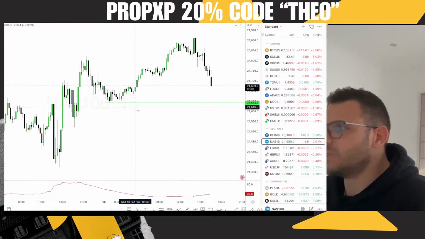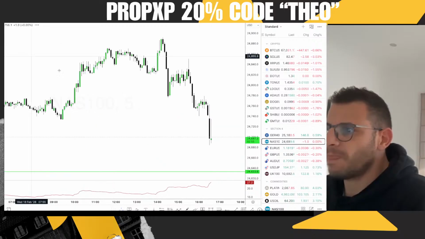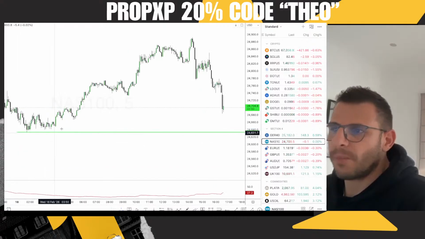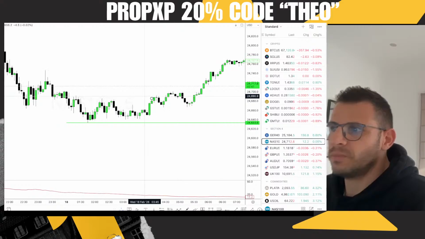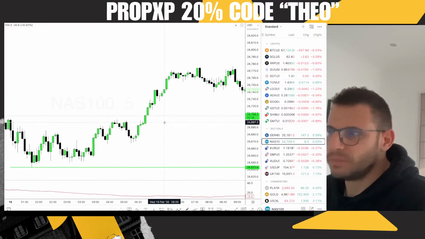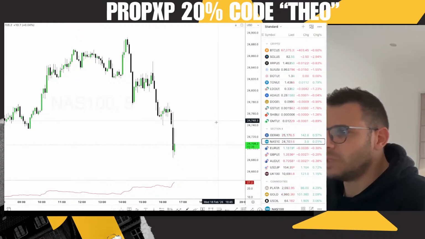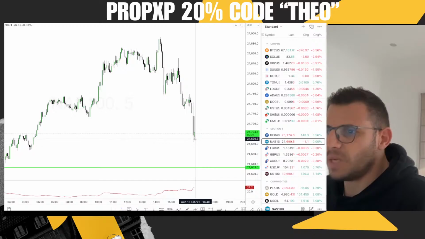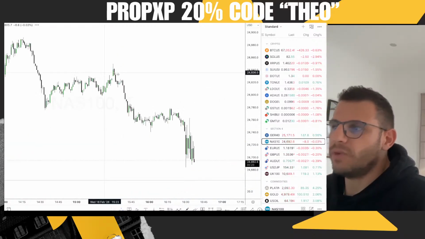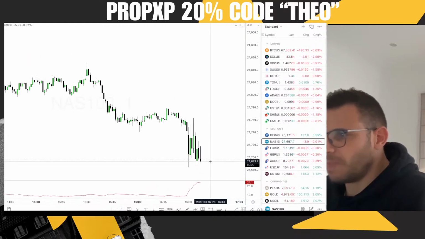I don't see key levels where the price can potentially stop and reverse. Here we used to have a lot of balance. In this area, at that key level, if this candlestick remains as an inside candlestick, maybe the price will take advantage for a push to the upside. We have to see what's going to happen here.